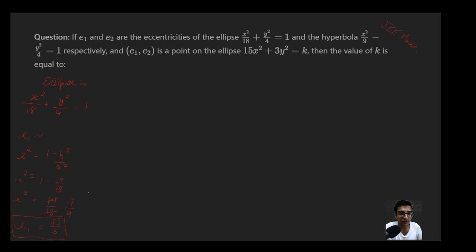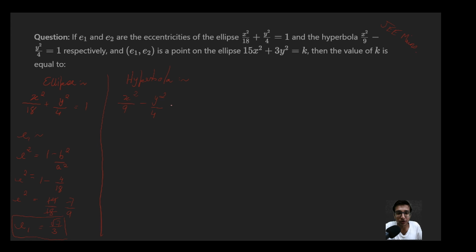Now let us find out the value of E2. For E2, we have been provided a hyperbola. Now again, if they had not mentioned that this is an ellipse or this is a hyperbola, just by looking at the equation you can make out that this is an ellipse because all the terms of x square and y square are positive. And in hyperbola, at least one of the terms or the coefficients would be negative.